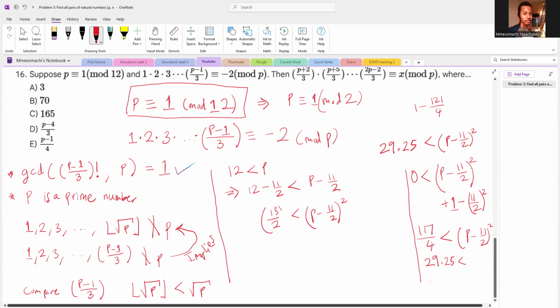So 13 over 2 all squared is 169 over 4, which is greater than 117 over 4. So we see that when P is greater than 12, we have this inequality. Let me erase this.